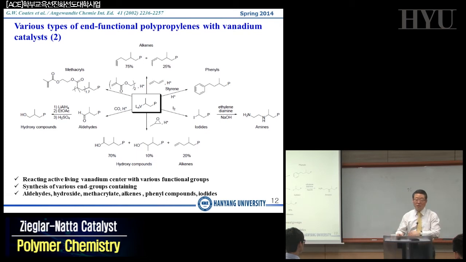Anyway, functionalization is very important, and this is one of the functionalization systems of polypropylenes. With this polypropylene, if you have a polymerization system with a metallocene catalyst or Ziegler-Natta catalyst, whatever, then you can add epoxy, you can add iodine, you can add protons and styrenes, and then functionalize with the aromatic rings, functionalize them with iodine, and finally with the diamines.